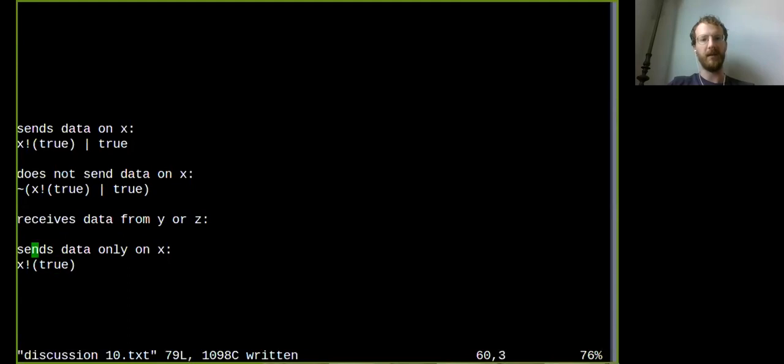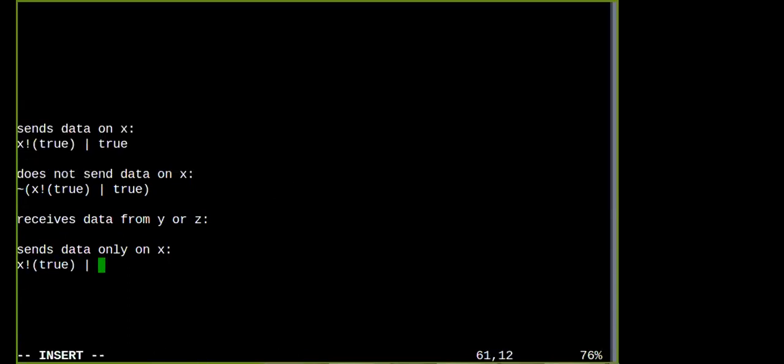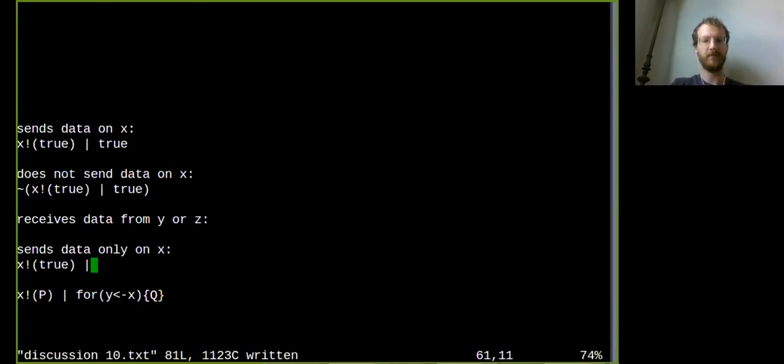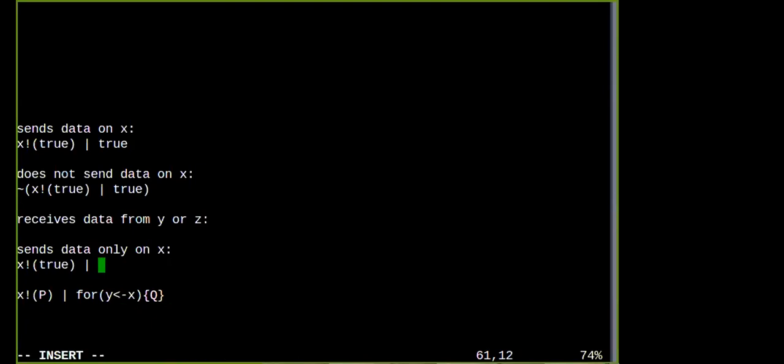Okay, that's only sends data on X. We need something else too, right? Because we're saying that we could receive something as well. So we would want X bang P or for Y from X Q. We would want that to match as well. Well, some hand waving around P and Q there because they're grammar symbols.